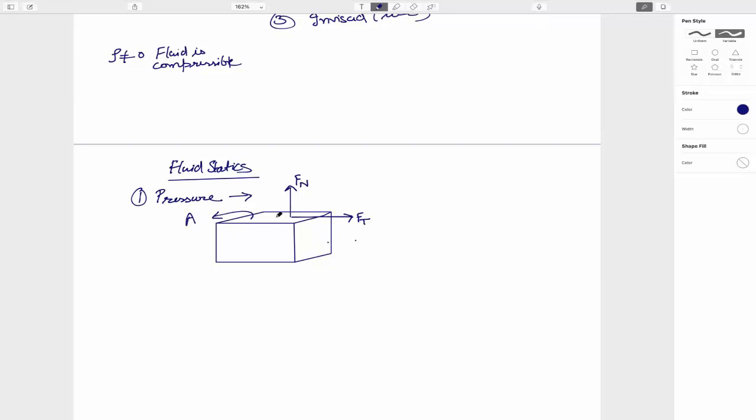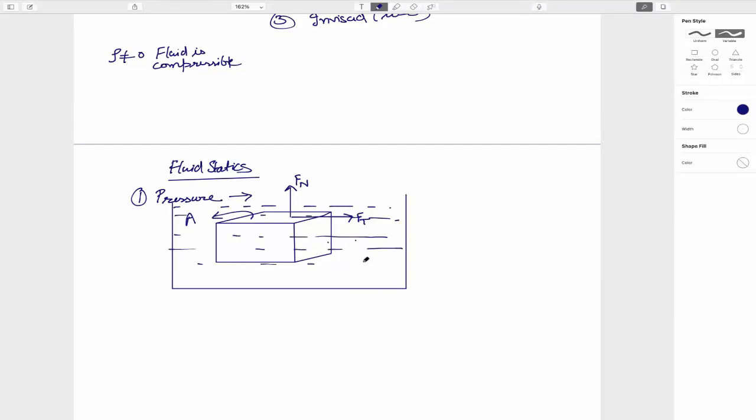Let's say this cubical box is placed inside a bulk liquid, so it is immersed in water, and now we want to find the pressure exerted by this fluid on this surface.